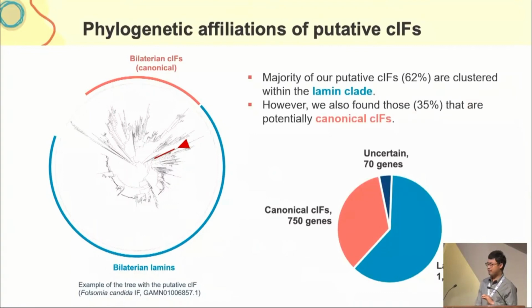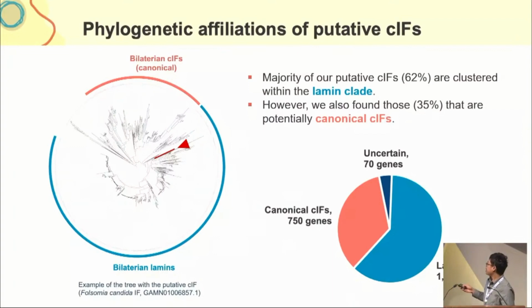From this result, we found that most of our putative cIF are actually clustered within the lamin clade. And this result suggests that the cIF in pan-arthropod might be something that has re-evolved from lamin, and they are probably different from the cIF in the other bilaterian.